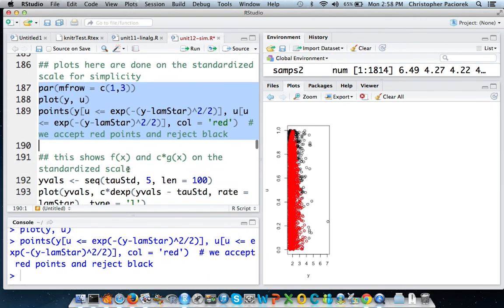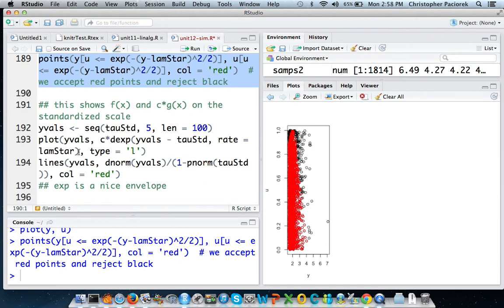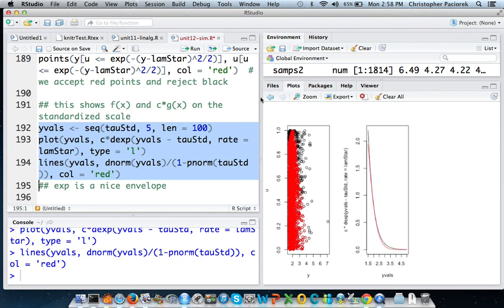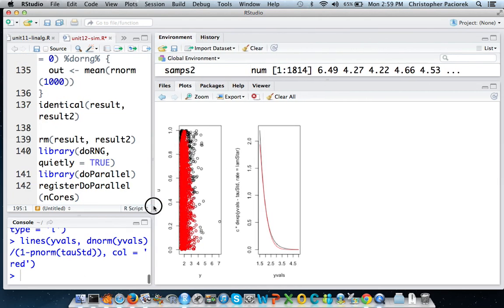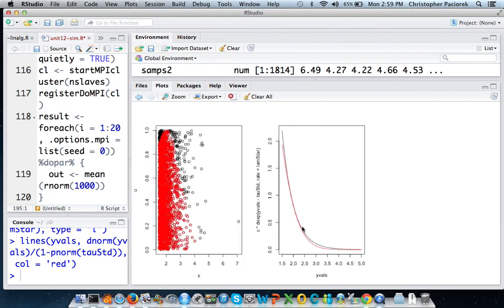And then I can go ahead and just plot, what do I have here? Okay, so this is basically just me on the computer replicating what I had here, which is the red curve is the true F, and the black curve is the C times G. It touches somewhere in here, it's a little bit above, and in absolute terms it's a little bit above here.